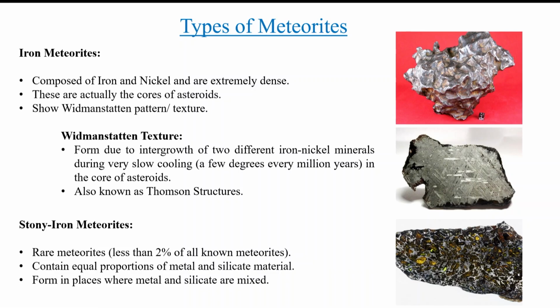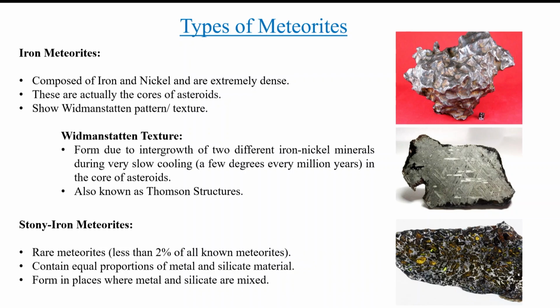Then you have a different category of meteorites, stony iron meteorites, but these are extremely rare in occurrence. Less than 2% of all known meteorites are stony iron in composition. They contain equal proportions of metal and stone, which refers to silicate minerals.